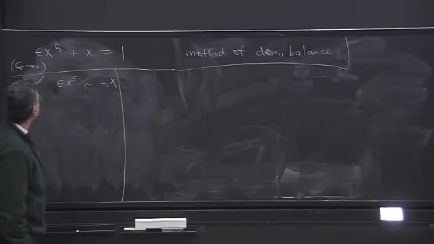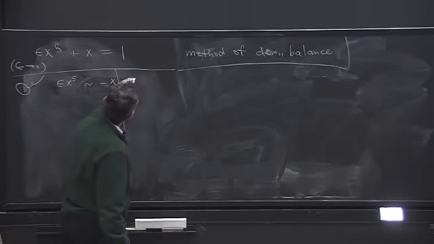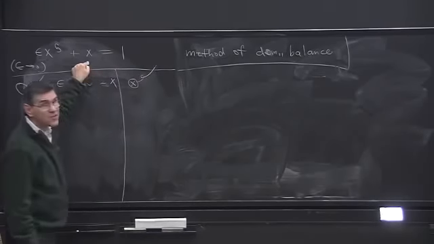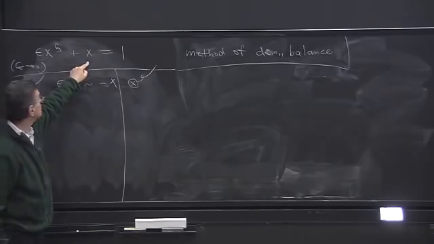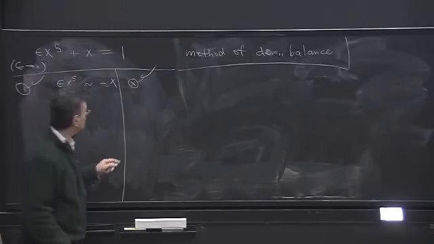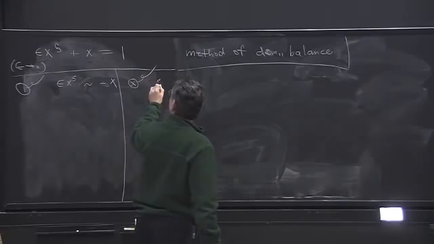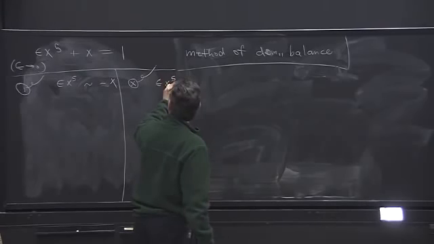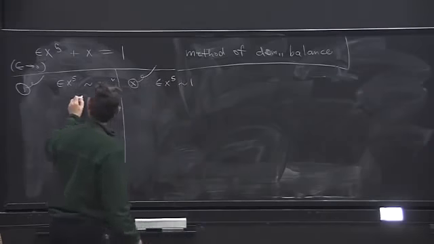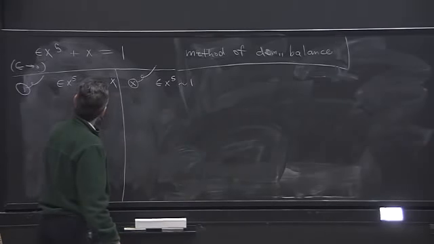A second possibility is maybe we can throw away x. Maybe x is the thing that's negligible in this equation, in which case epsilon x to the 5 would be asymptotic to 1. This is in the limit as epsilon goes to 0.